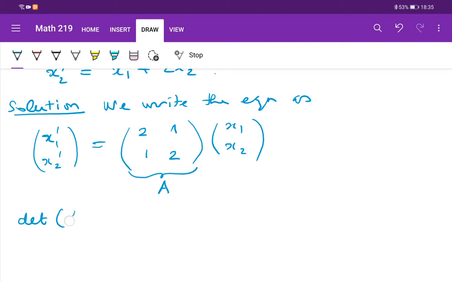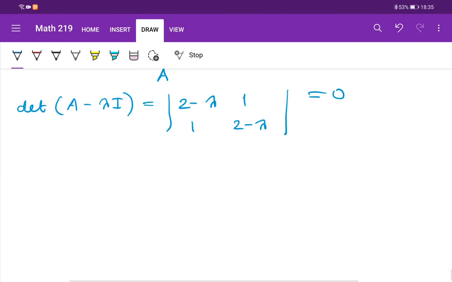So eigenvalues of A are given by solving this equation. This equation is (2 minus lambda) squared minus 1 equals 0.